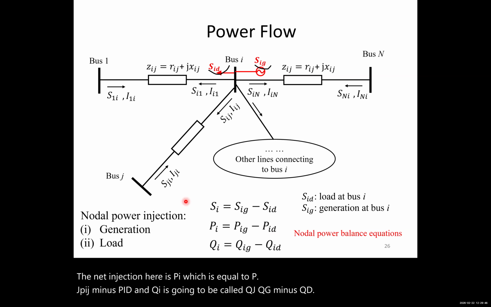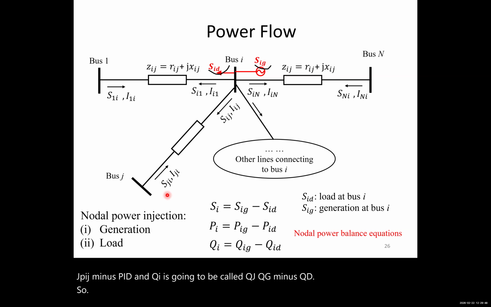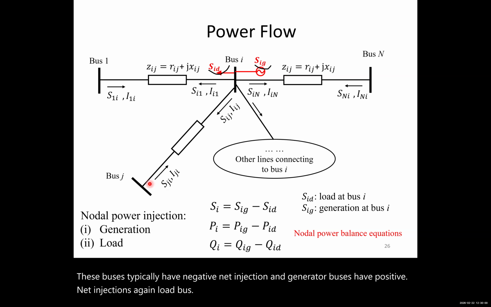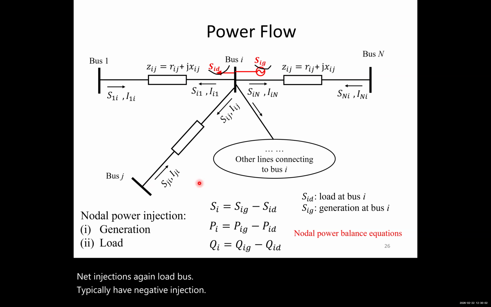Load buses typically have negative net injection, and generator buses have positive net injections. Here, Sid is our load at bus i, and Sig is the generation at bus i.